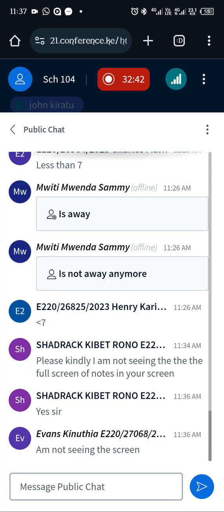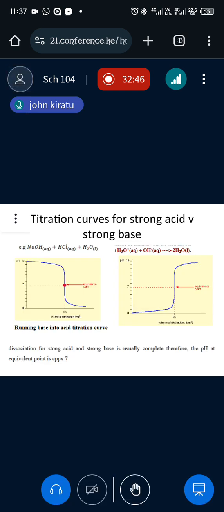Now, take note of that. Reaction of acid and base usually gives a salt and water, and is usually a neutral solution. Therefore, the equivalence point is at 7. Now, it depends: if you are doing sodium hydroxide plus HCl, and the base is what is in the flask, then that's why you have this shape.